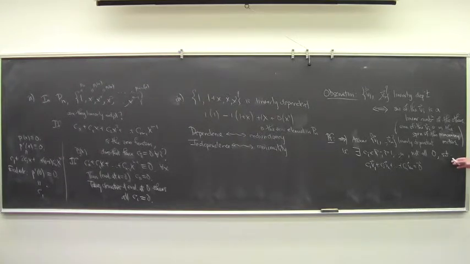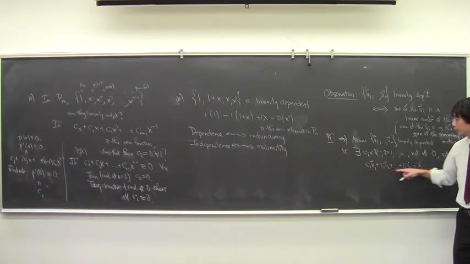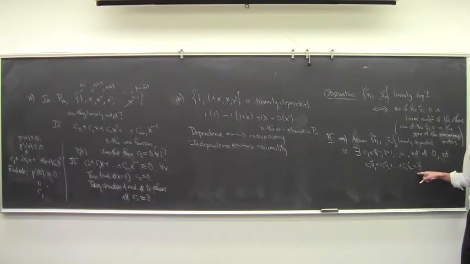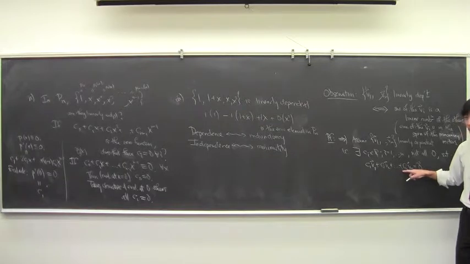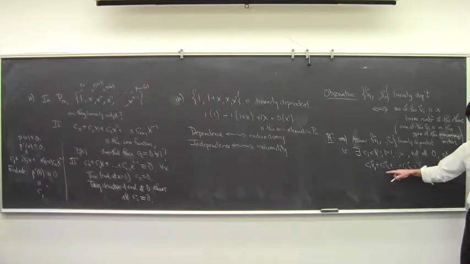Right? That's what dependence means. There's a non-trivial way of getting to the zero vector. There's a bunch of coefficients, they're not all 0, such that if you combine the Vi's, then you get the zero vector.